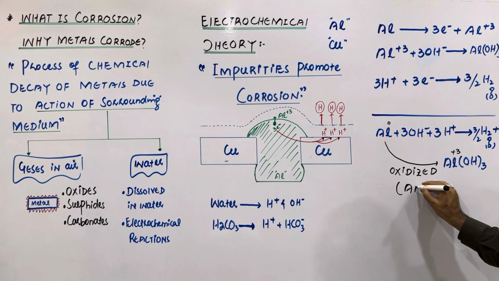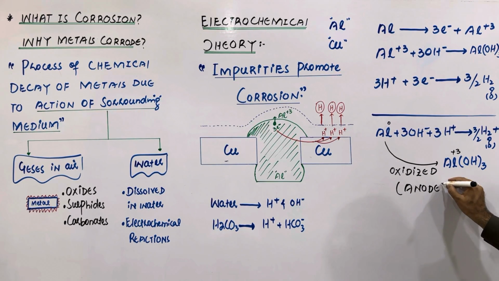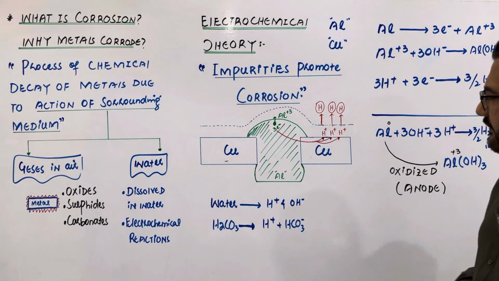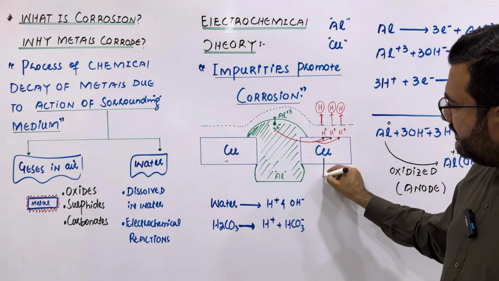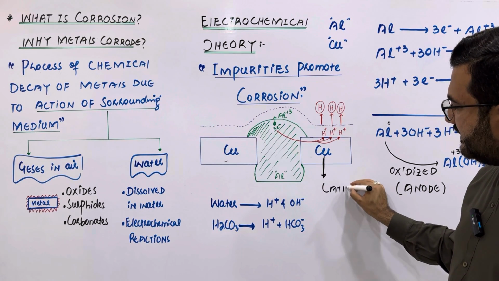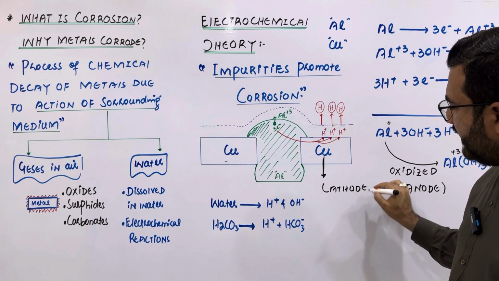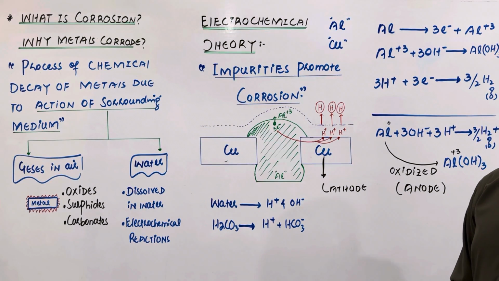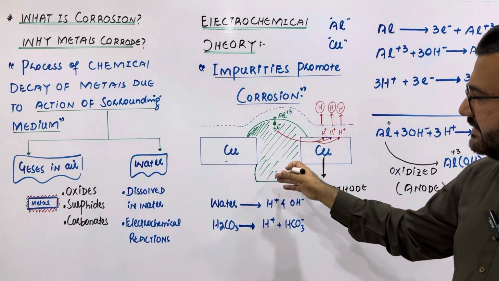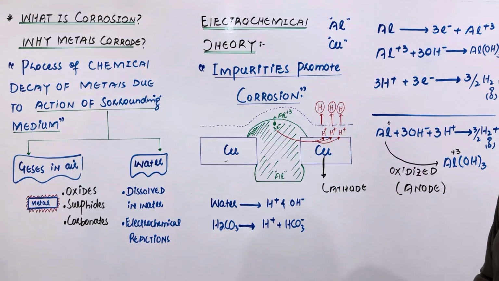So in this electrochemical cell, aluminium is acting as anode, while the copper acts as cathode, because on copper a reduction reaction is taking place. The electrode on which reduction takes place acts as cathode. In this electrochemical cell, aluminium is anode and copper is cathode.